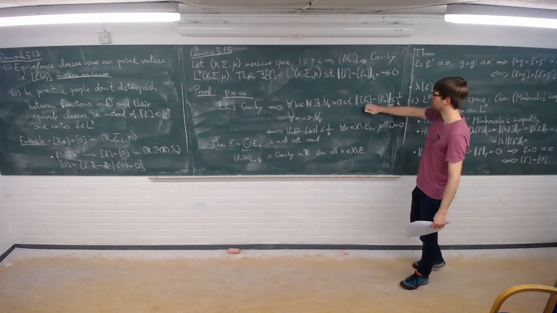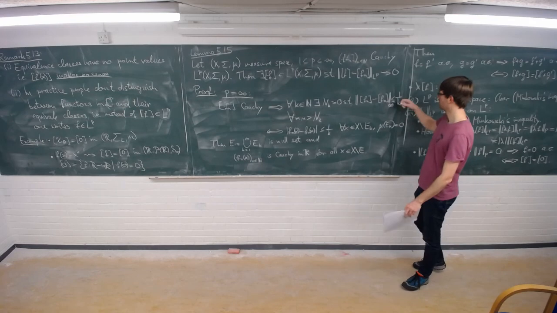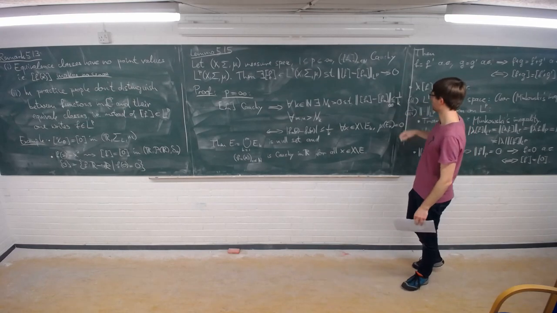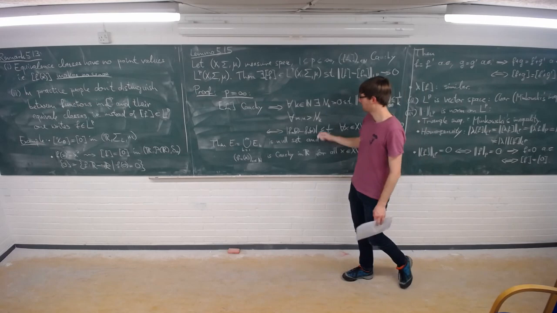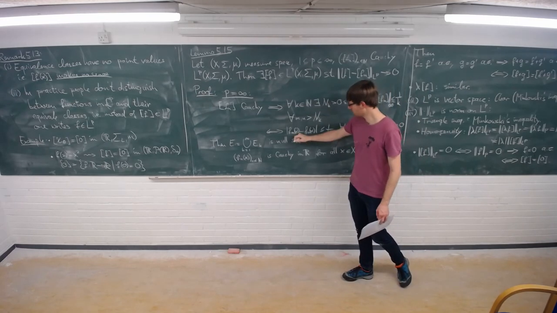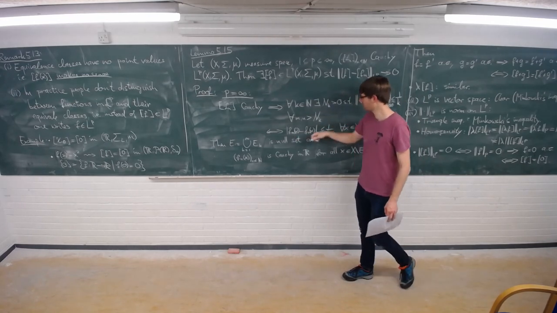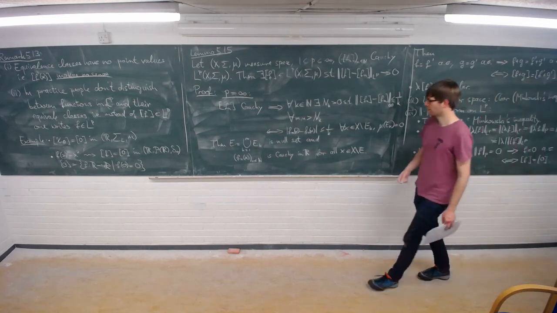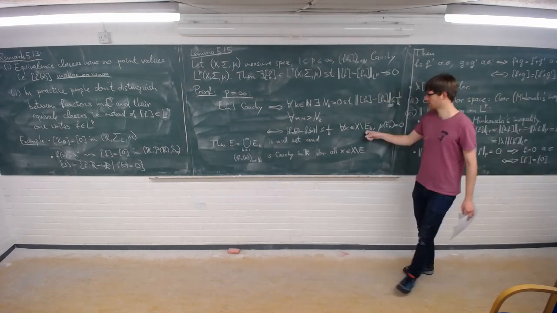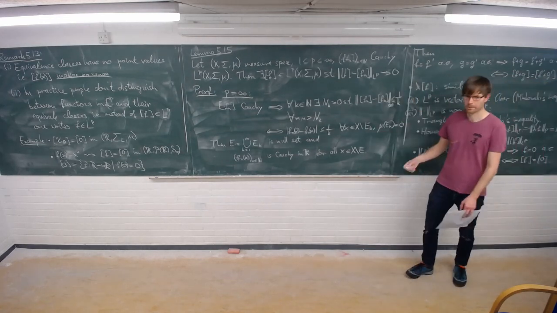Okay, so we start with the infinity norm satisfying this estimate with 1 over k. Then we get this pointwise estimate almost everywhere with the null set depending on k.